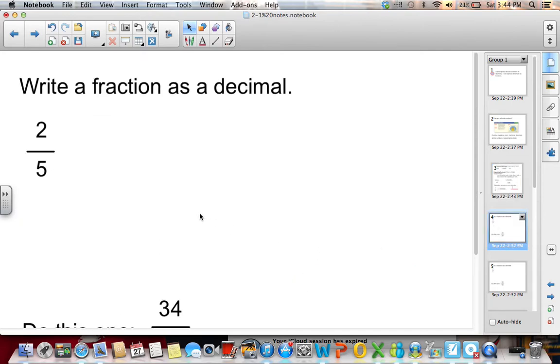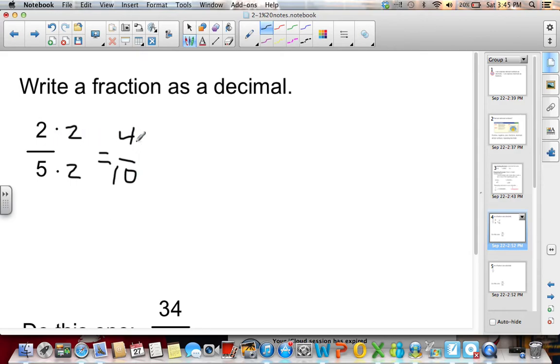So how do we convert fractions to decimals? Well, one way is to look at fractions and see if we can convert it to a 10 or 100 or 1,000 for our denominator. If we multiply both the numerator and the denominator by 2, because remember, whatever we do to the top or the bottom, we have to do to the other one, we can convert it to 4/10.